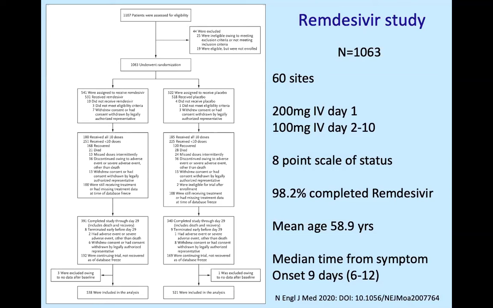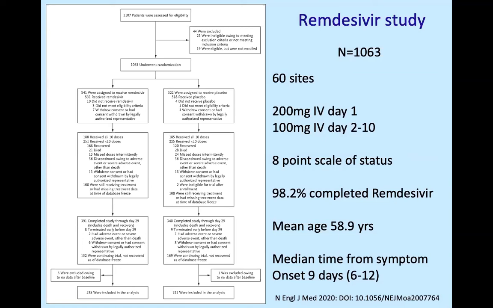Now they use this unvalidated, but clinically kind of how are they doing, scale of status. Now, what's striking about this study is that 98% of the patients completed Remdesivir. The mean age was 58.9 years, which is interestingly lower than the average patient age in the United Kingdom.